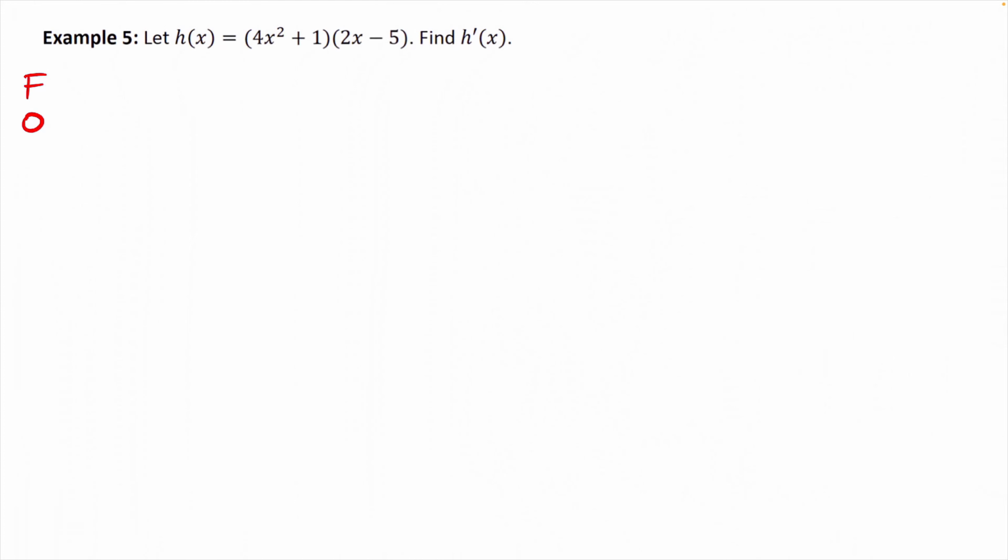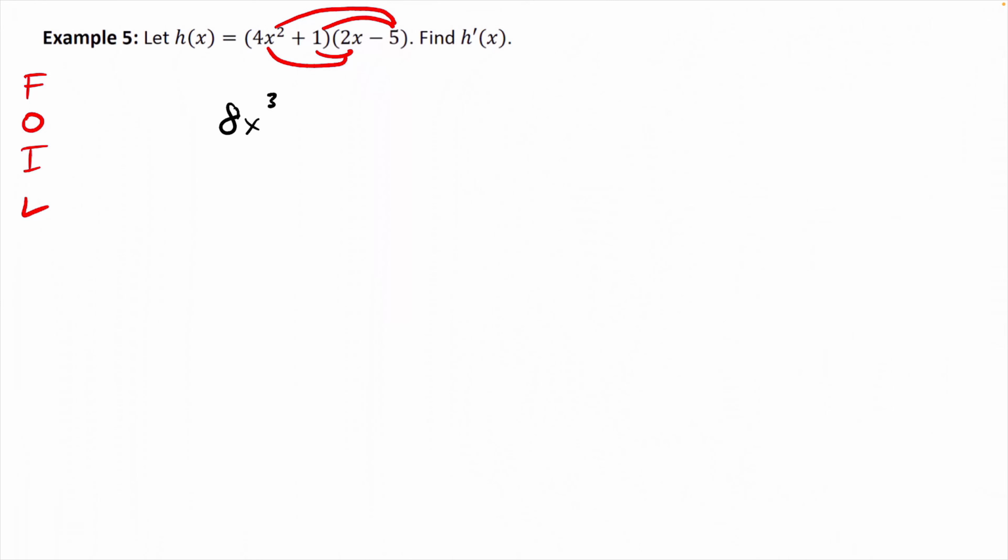Yeah, FOIL, right? Multiply first times the outer times the inner times the last. Or distributing, it's how you distribute binomials. So first is 4x squared times 2x, 8x to the third.